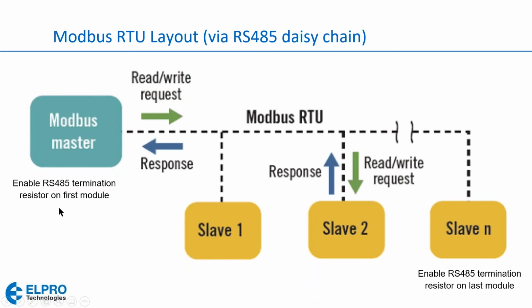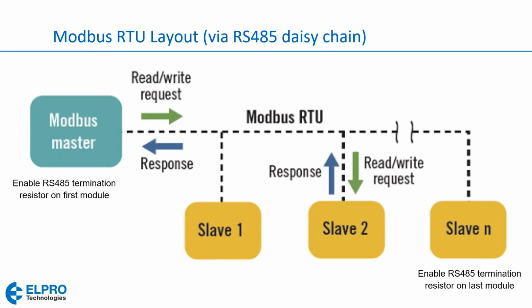So you'll see a small switch whereby you can enable or disable that termination resistor. The termination resistor should be enabled on the end points of an RS-485 daisy chain. The middle devices must not have that RS-485 termination resistor enabled, otherwise it will cause some issues.